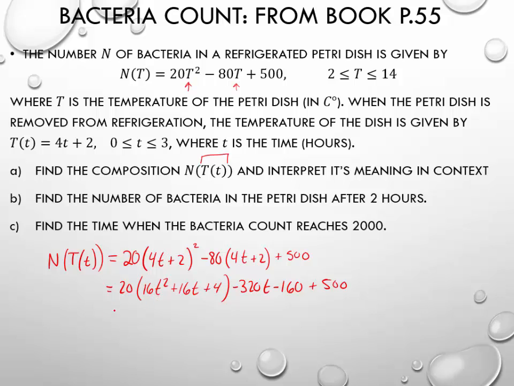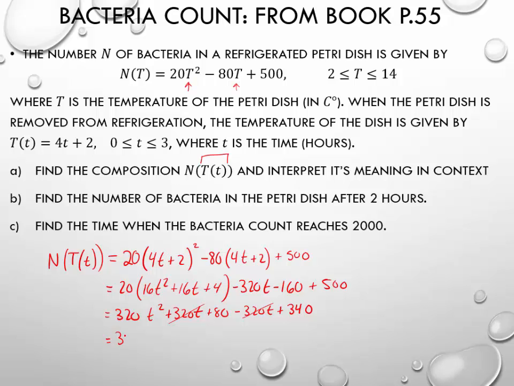Distribute the 20. That's 320t squared plus 320t plus 80 minus 320t minus, well, let's just do plus 340. And then we're going to cancel these out because they do cancel, which is kind of nice.